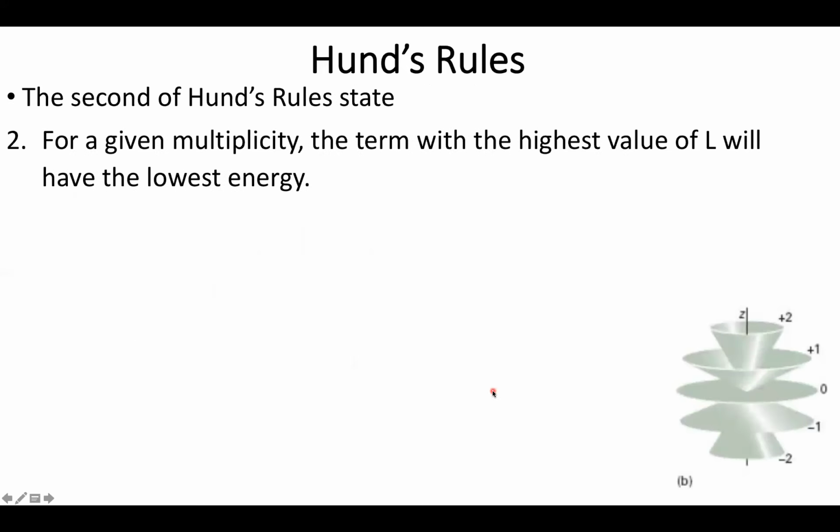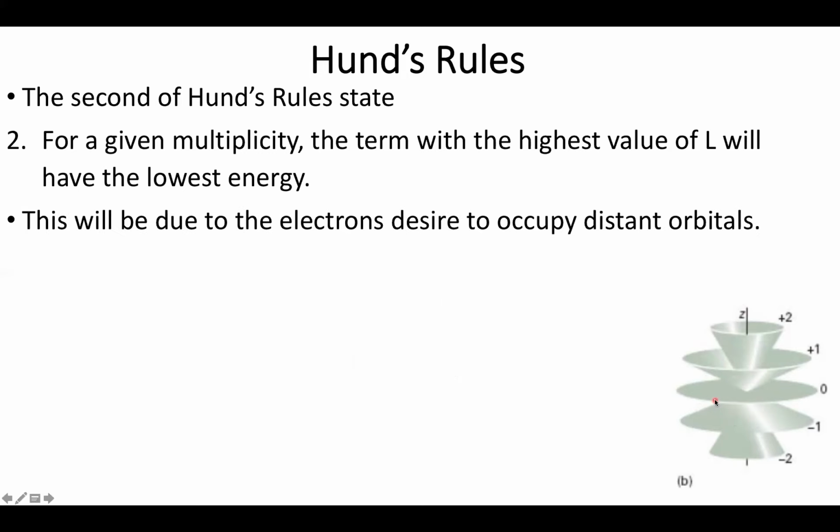So this one's a little bit less straightforward. But the idea is, for a given multiplicity, the term with the highest value of L will tend to have the lowest energy. One way of thinking about this is that electrons want to occupy distant orbitals.